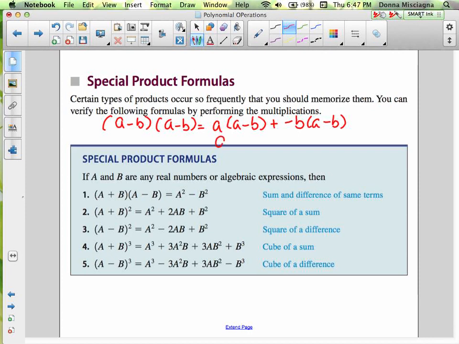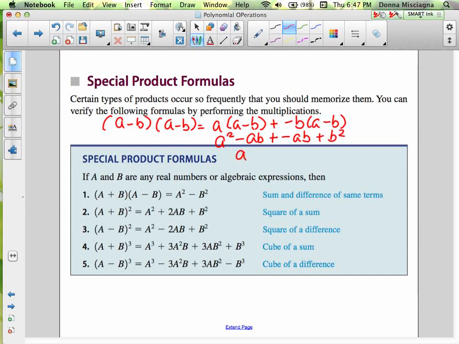A times a would be a squared. A times negative b would be negative ab. Negative b times a is still negative ab, and negative b times negative b is a positive b squared.